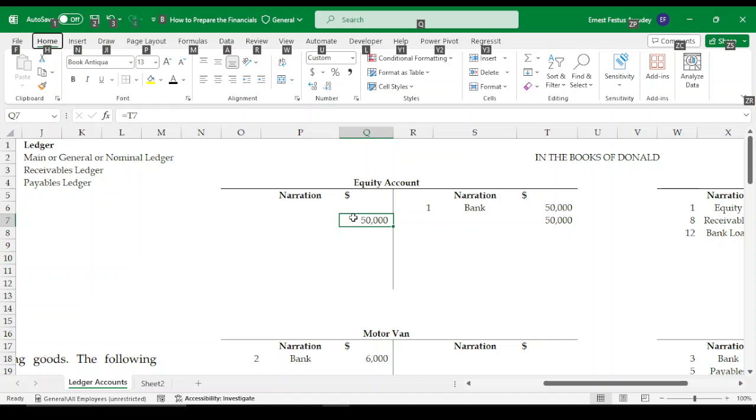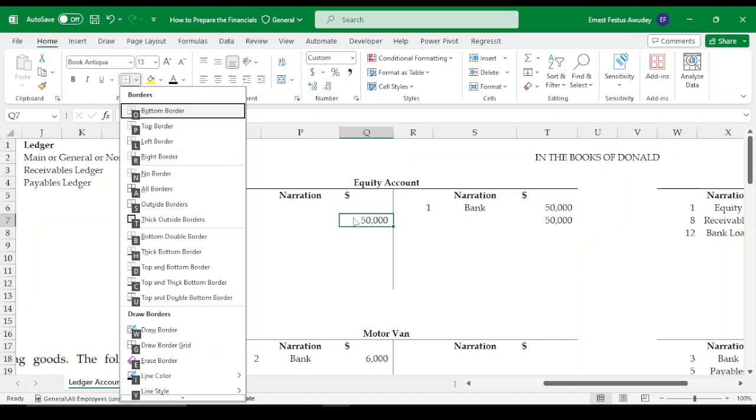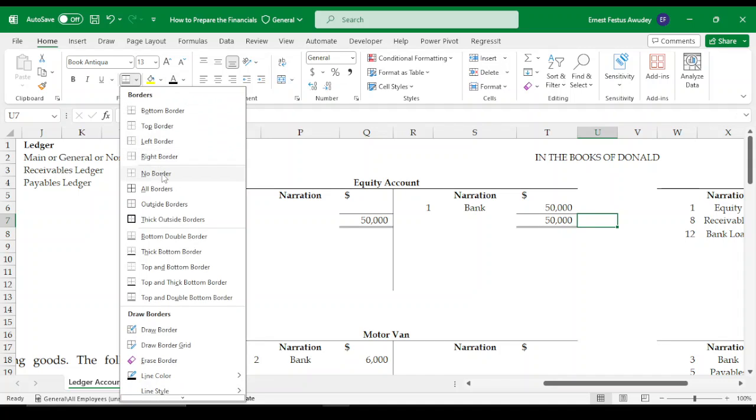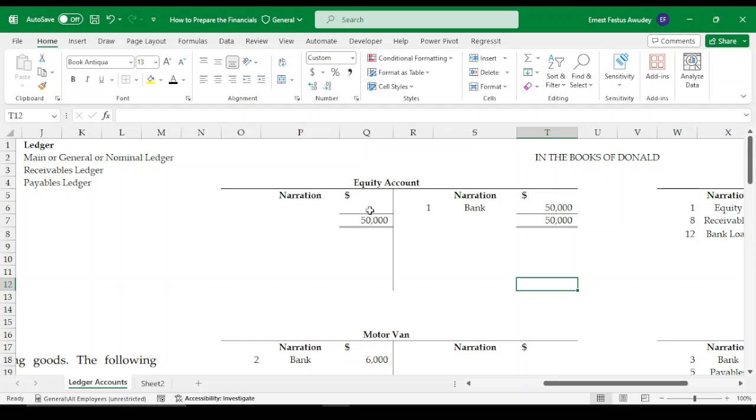So Alt H B, and I'm going to insert the top and double bottom border, which is U. So I'll press U and that will do it for me. And then I can just hit F4 to repeat that particular action for me. So we have it nicely done. Now there is a border here which I want to remove, so quickly let me remove that small border there.